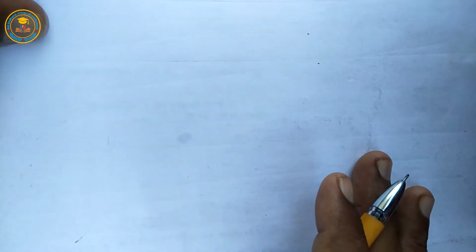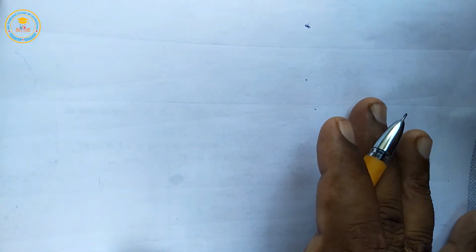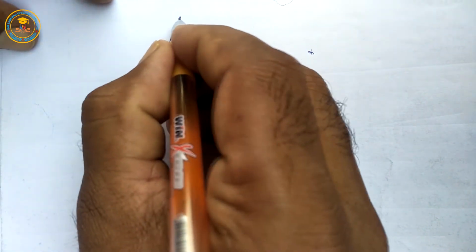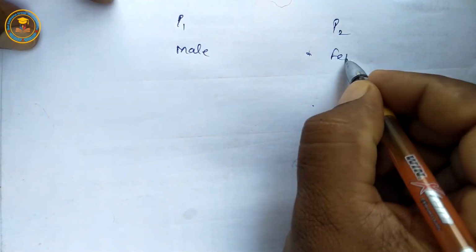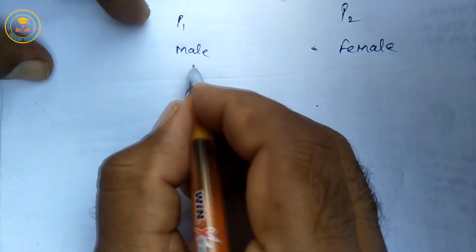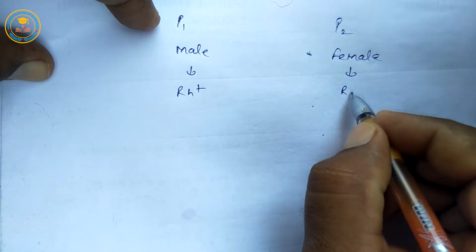Next is a complexity in RH antigens. Consider parents, male and female. The male is RH positive, it means he has RH antigen.